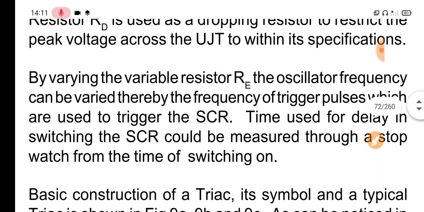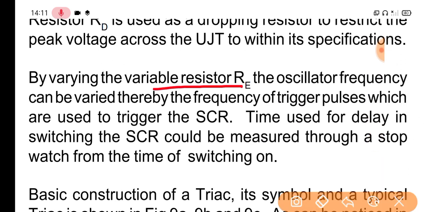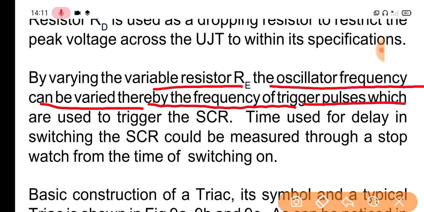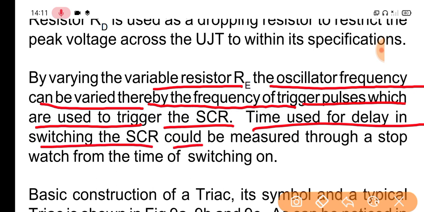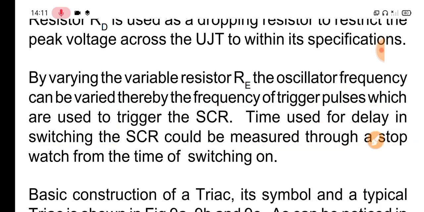By varying the variable resistance Re, the oscillator frequency can be varied, thereby the frequency of trigger pulses which are used to trigger the SCR. Time used for delay in switching the SCR could be measured through a stopwatch from the time of switching on.